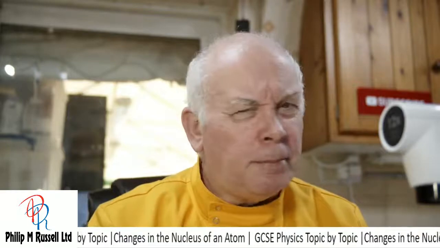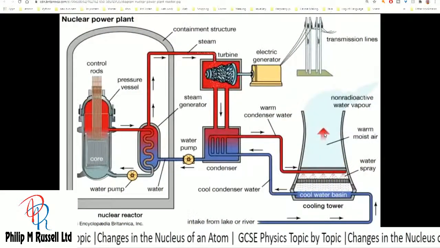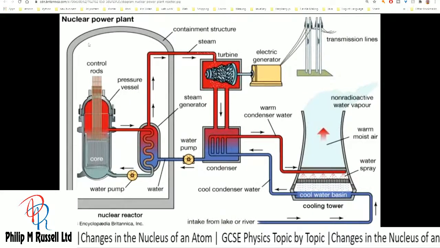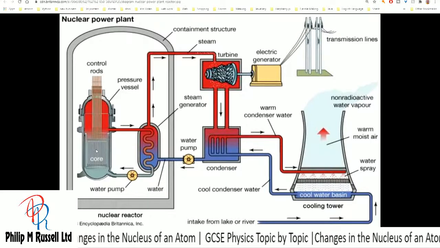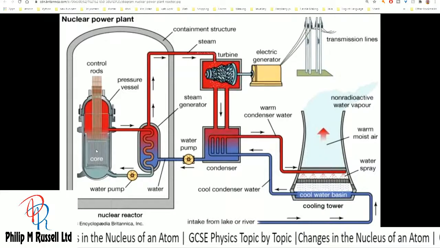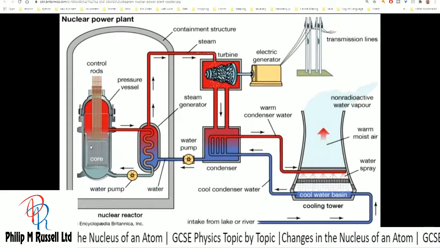So nuclear is great. The only problem is what are we going to do with this waste? Once these uranium rods are spent, all the useful energy has been taken out of them, then this becomes nuclear waste which we need to store.